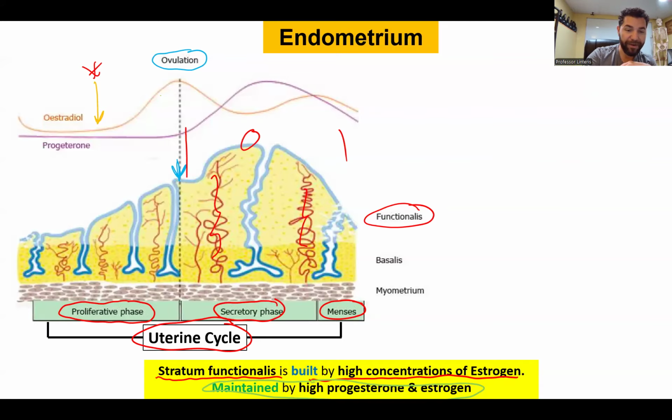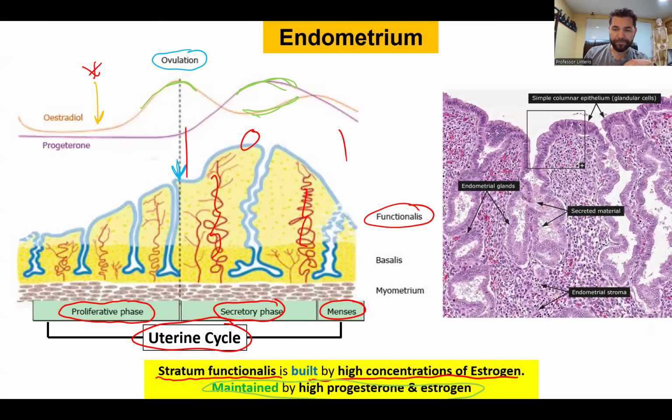You can see here estrogen is the main player, then progesterone takes over. However, there's still high levels of estrogen. So both of those are very important to promote that secretory phase. And again, this is just looking at the endometrium. Cool. This shows you a little histology slide of those secreted materials, endometrial glands, etc.